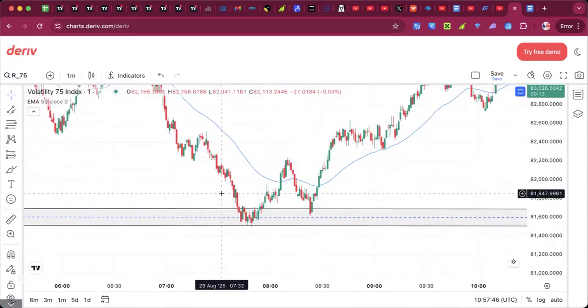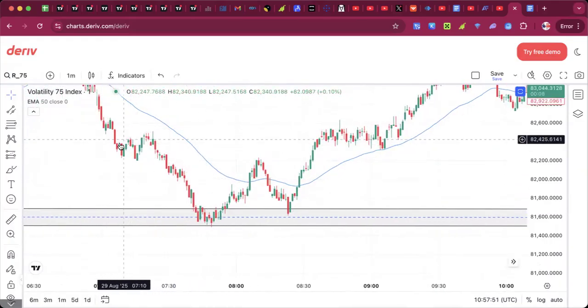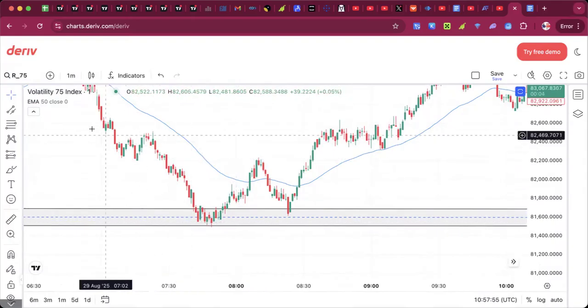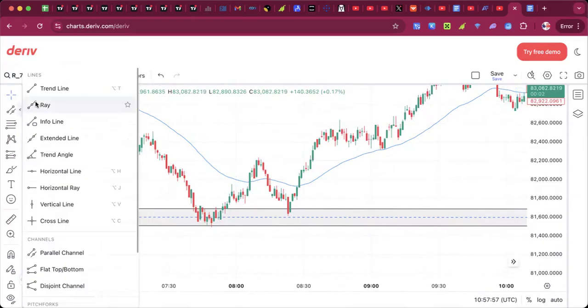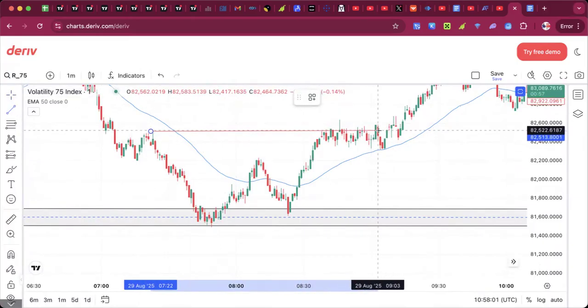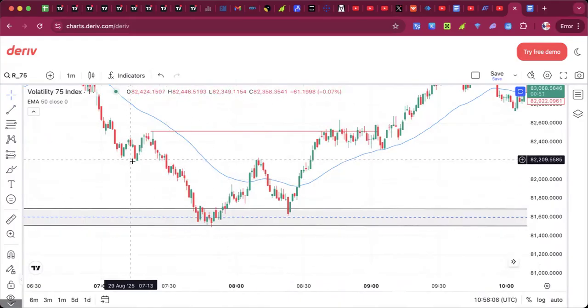You see, when the market got there, where you mark to be the bottom, this is the low and high before this low was created. You understand that? That's why it's price action, liquidity, and all of that. If I mark this point here, which was the high before this low was created, there's a low here.